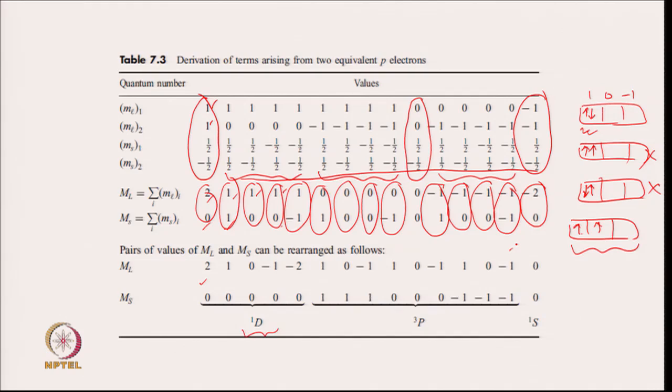This corresponds to the 3P level, and 0 0 corresponds to 1S.